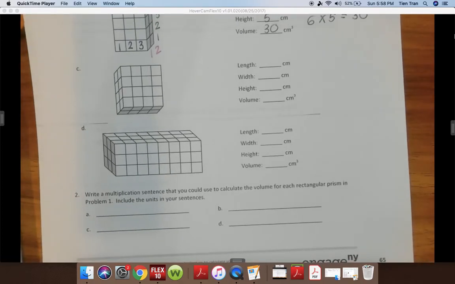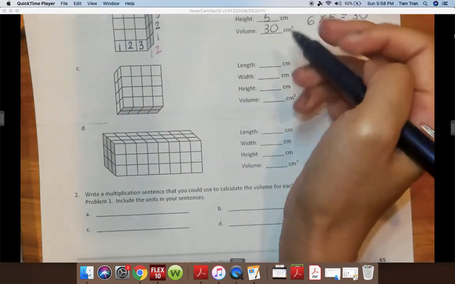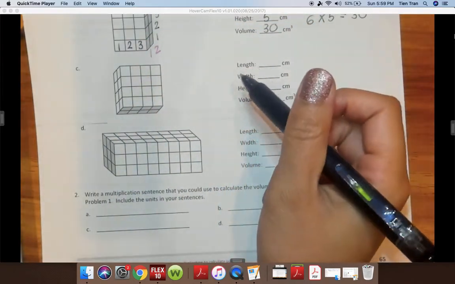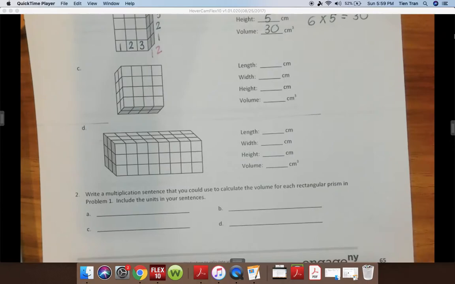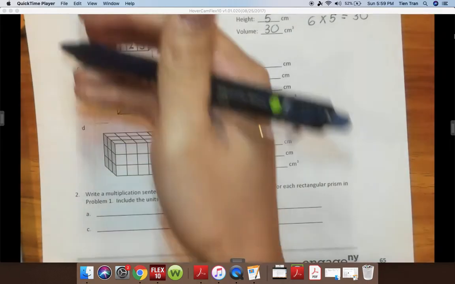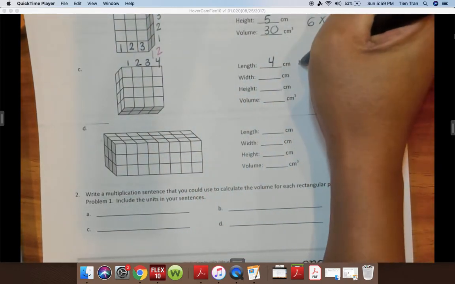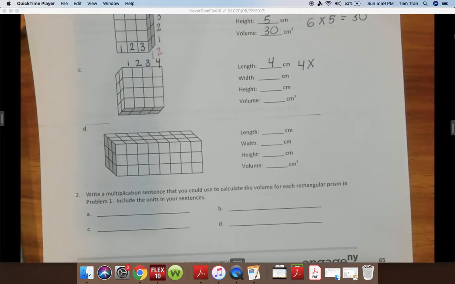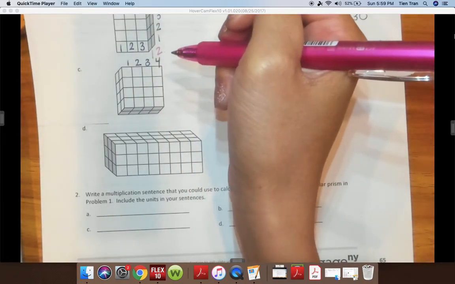Now I'm moving to problem C. Now this one, look at it. It's kind of tilted a different way to confuse you. So length. I'm going to measure how long our object is. 1, 2, 3, 4 for my length. Then I'm multiplying it times my width. So width is how wide my object is.